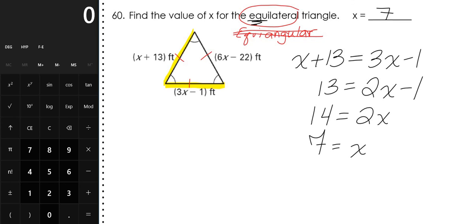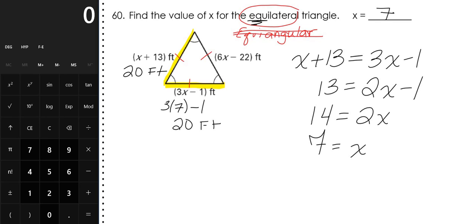7. Now, watch what would happen if I plugged it in. If I did 3 times 7 minus 1, 3 times 7 is 21, minus 1, I get 20 feet. If I look at the left side, 7 plus 13, again, 20 feet.